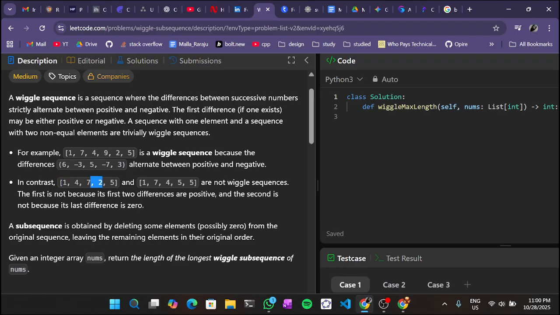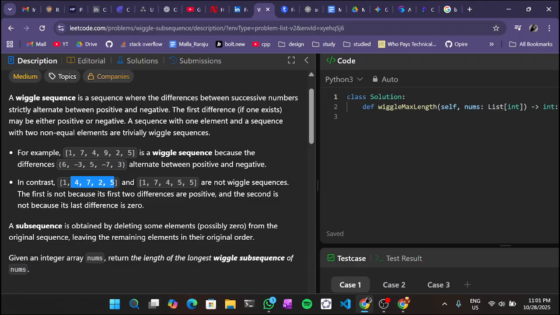And 2 minus 7 is minus 5. 5 minus 2 is 3. So this can be a wiggle sequence if we remove the one part.